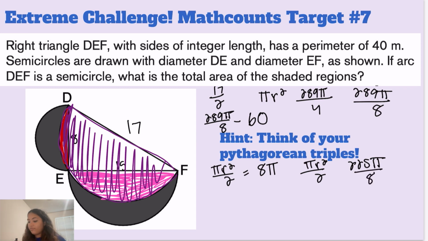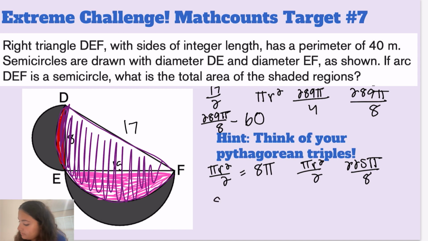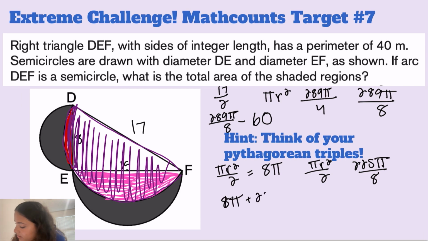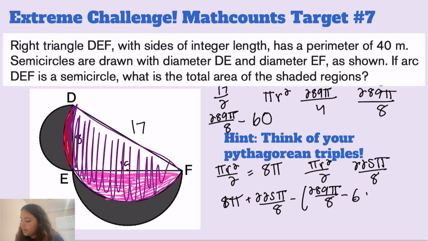So we want to find the sums of the areas of semicircles DE and EF and subtract the pink and red regions. So we would find 8 pi plus 225 pi over 8 minus 289 pi over 8 minus 60.